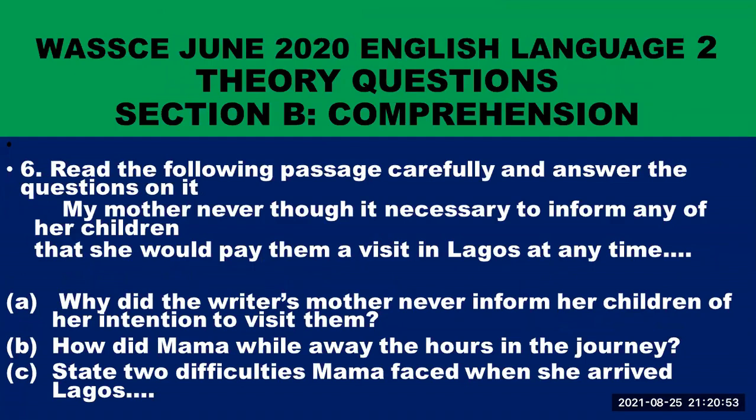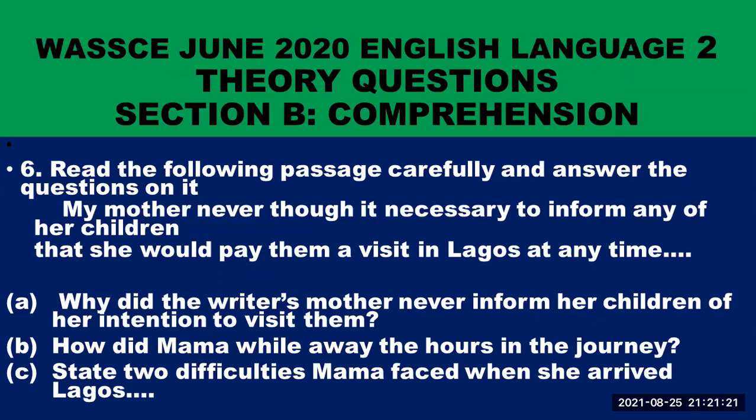All right. And we want to pick question 6 in the West African Senior School Certificate Examination of June 2020. Of course, we have been illustrating with questions from the June 2020 examination. Now we look at section B, which is comprehension.